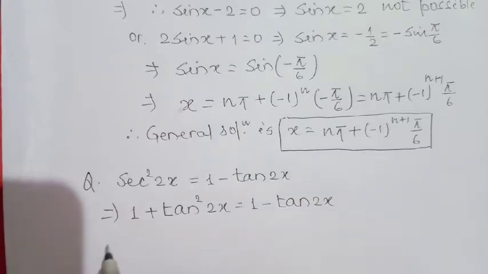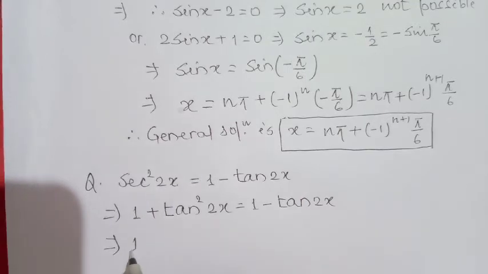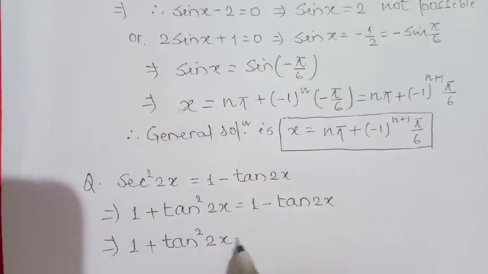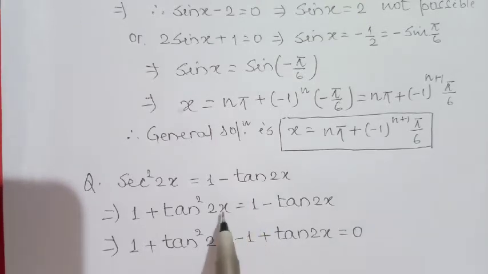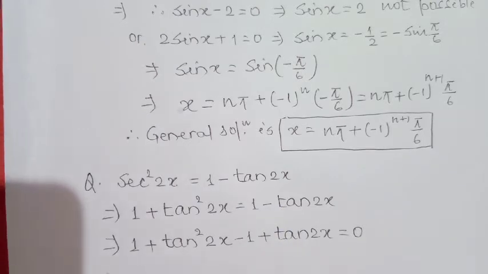Now transfer both terms of RHS into the left side. So it should be written as 1 plus tan square 2x minus 1 plus tan 2x is equal to 0. This one on the left side becomes negative and this is already negative, so it is positive. 1 and 1 should cancel here.